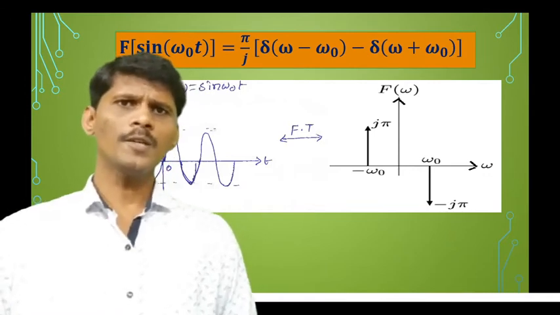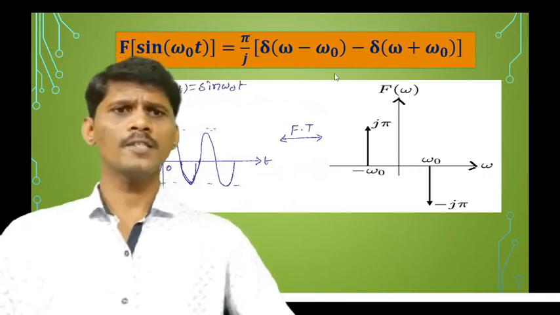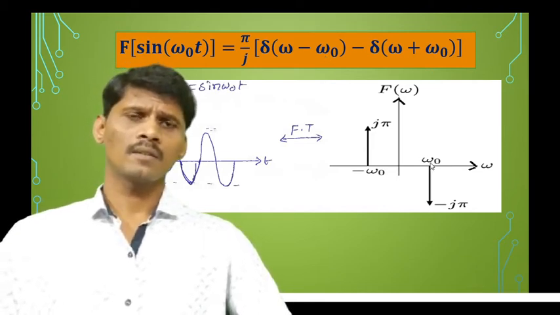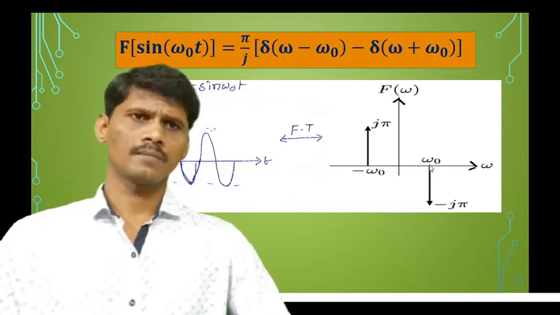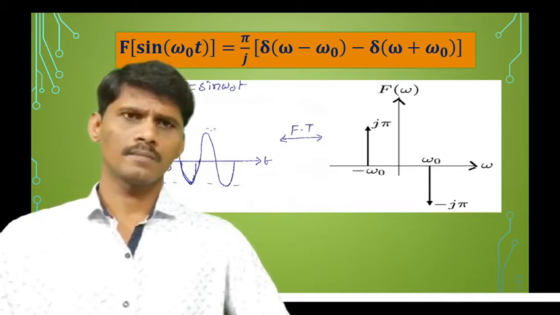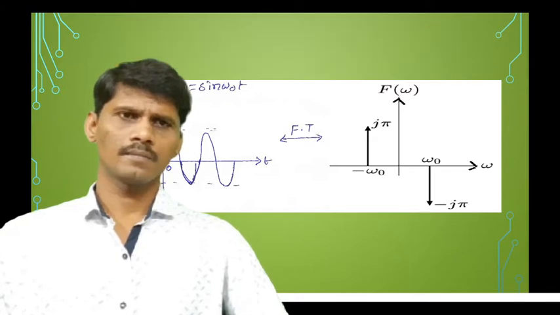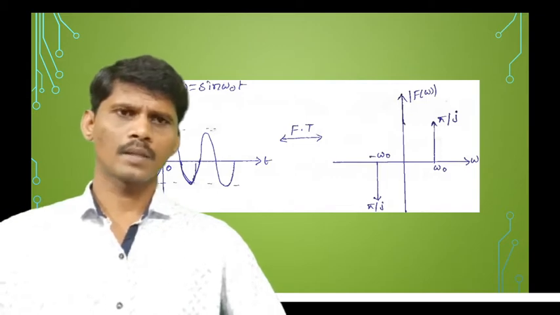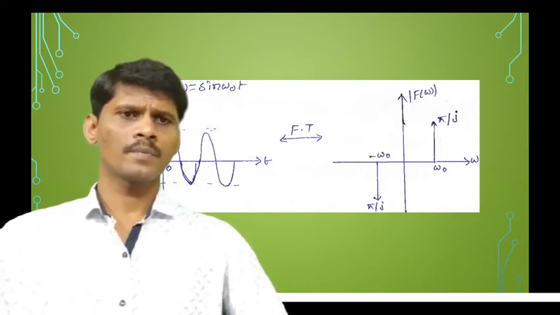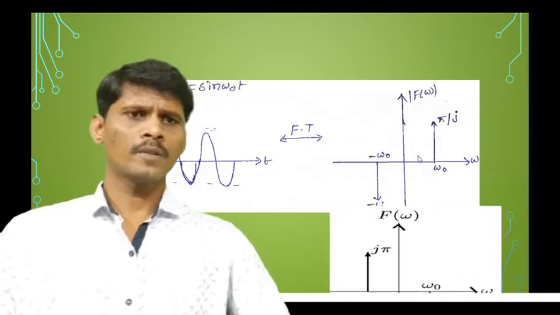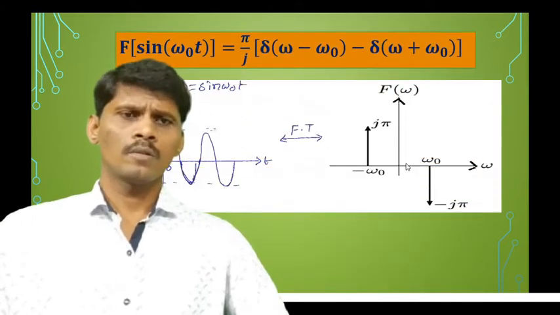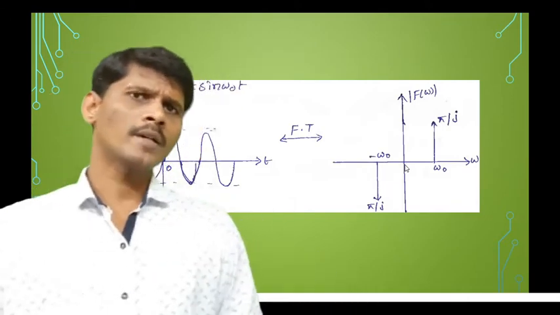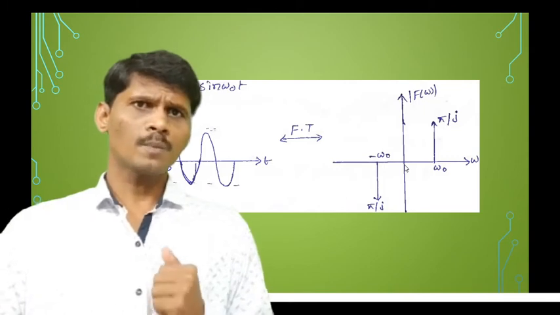Okay. So the impulse function exists at omega is equal to omega naught, which is on the positive x-axis. First I will explain this waveform, and after that I will explain the other one.